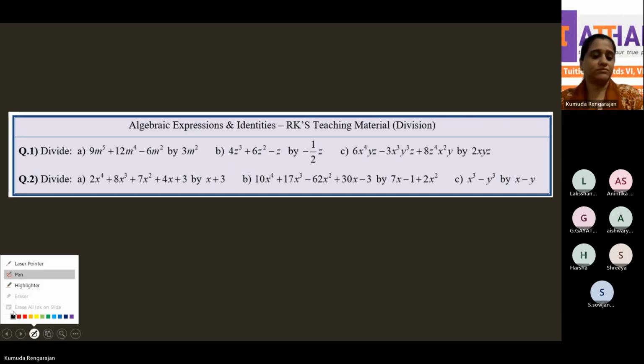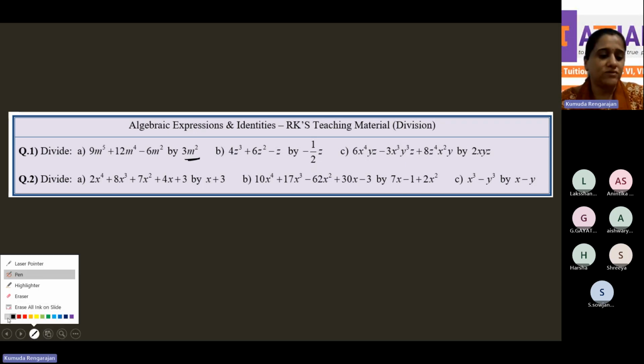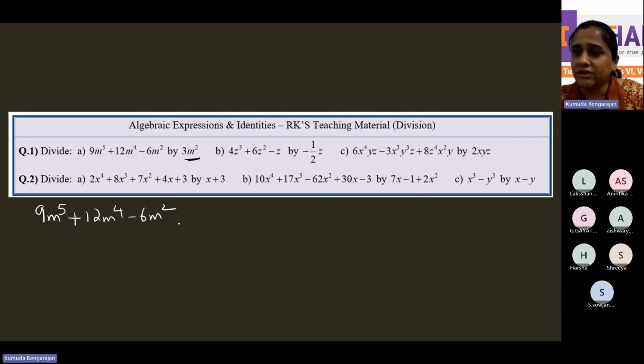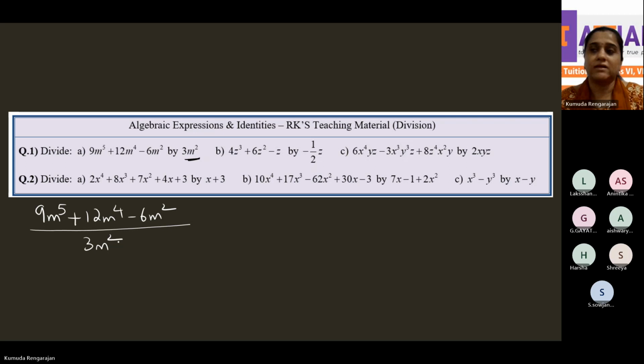So now here it's a monomial. So how do you divide this? It's very simple. Here, the question is this one. This is the dividend. And this is the divisor.